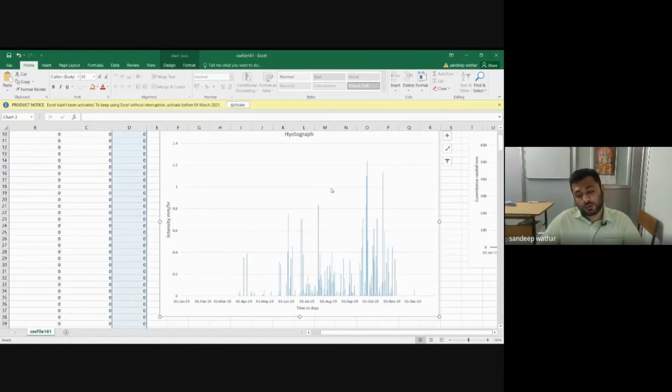Okay, this is what hydrograph is. So hydrograph explains to you the intensity of rainfall for any given storm period.